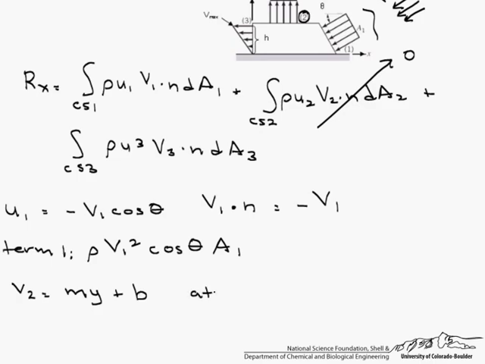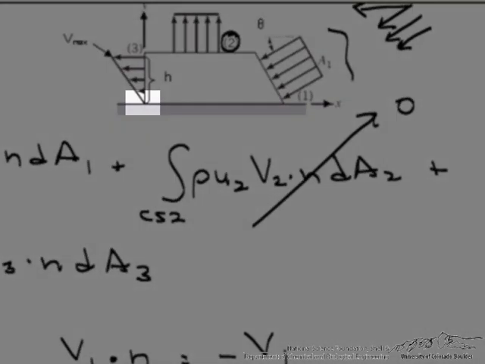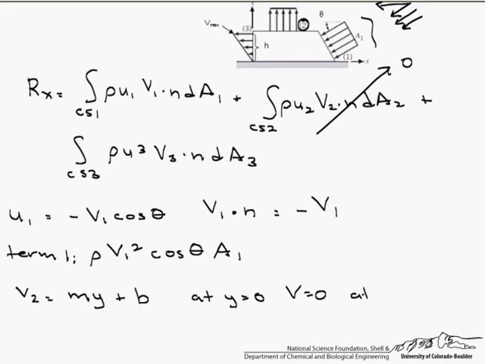So we know at y equals 0, v equals 0, just from the picture. At y equals h, v equals v max. So our v3 is going to be v max divided by h times y, because we have two equations, two unknowns.